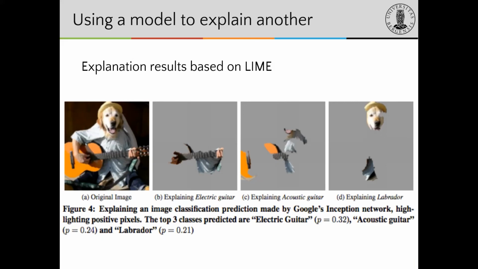But at least it's not the body of the dog that makes it say this is an acoustic guitar, right? But for the last one, I think it's very good. The head of the dog is the reason the network makes the Labrador classification.